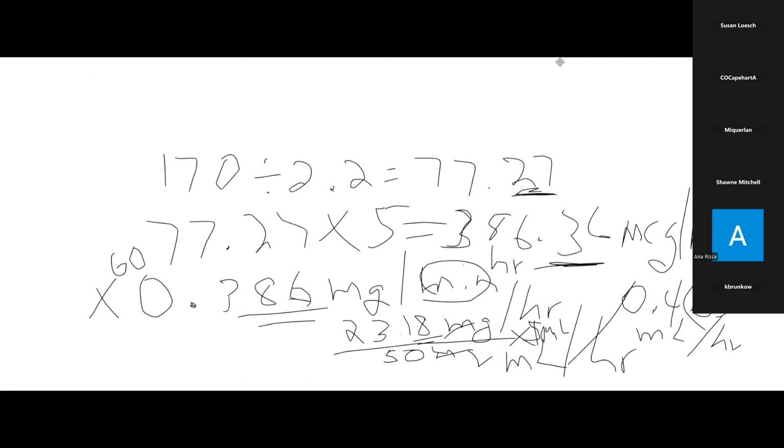So dose is 30 micrograms per kilogram per minute. And what you have on hand is 4 milligrams per ml. This time it is per ml. Let's go back to the whiteboard.